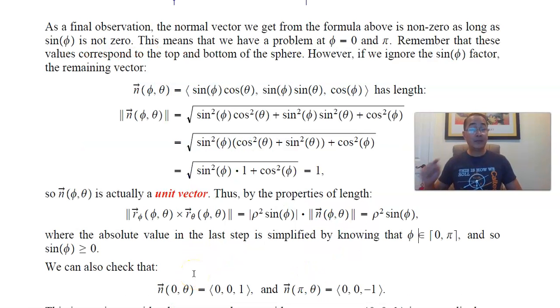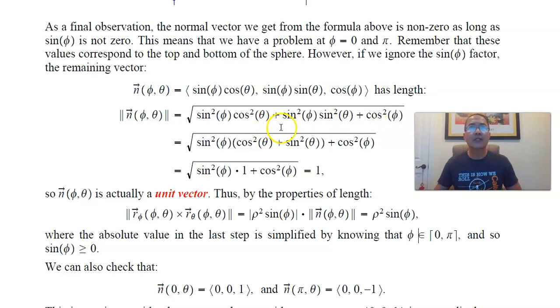All right, I said there were a couple of interesting things about this vector, and this is the second one. We're going to give that vector a name, n phi theta, n for normal. But there's also something interesting about the length of this vector. Square, square, square, add them together.